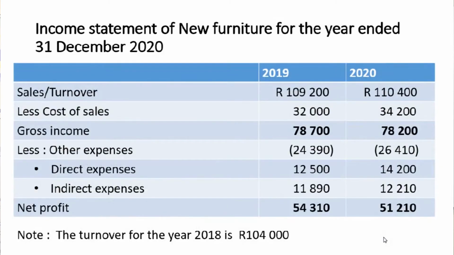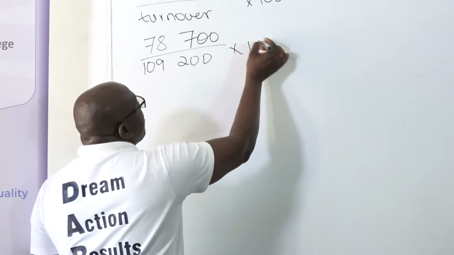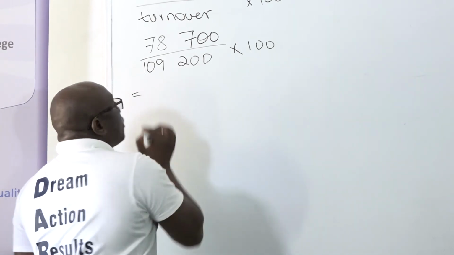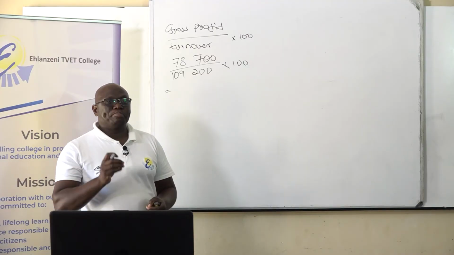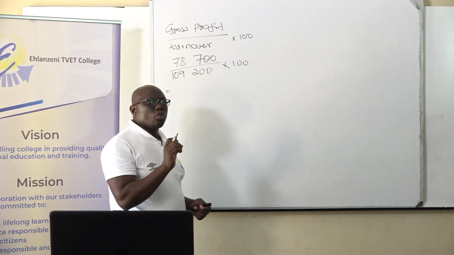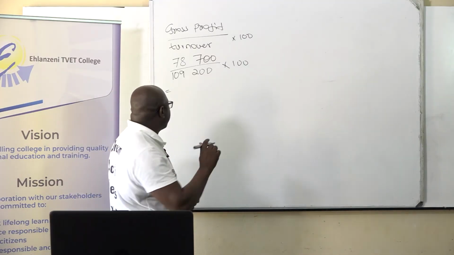Our gross profit is 78,700. We divide by our sales or turnover of 109,200 and we multiply by 100. Then the answer will be 72.7%.